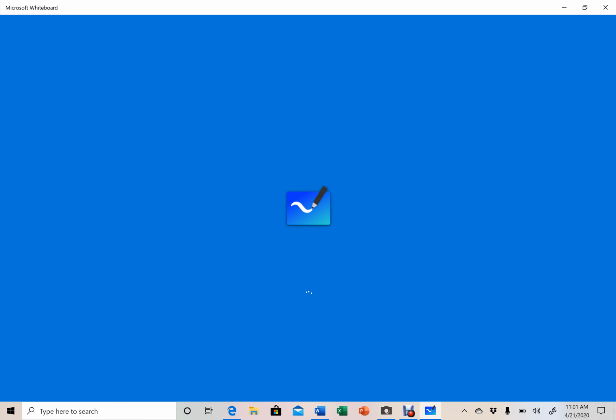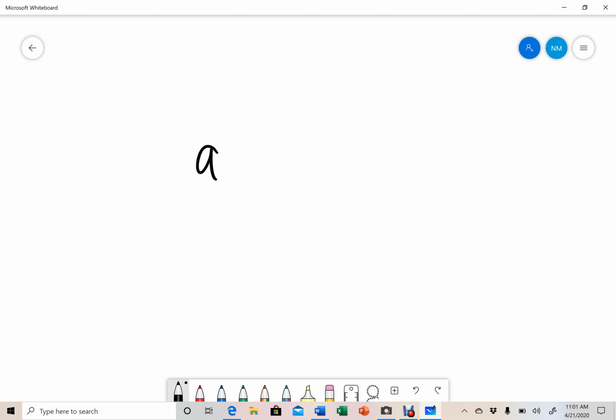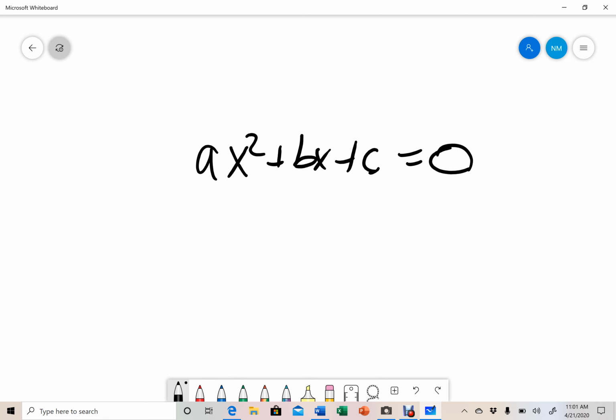So we know our typical equation. Let my whiteboard pull up here. Our standard form of an equation would be ax squared plus bx plus c equals 0, right? So the test is asking for the pure quadratic form of the equation.